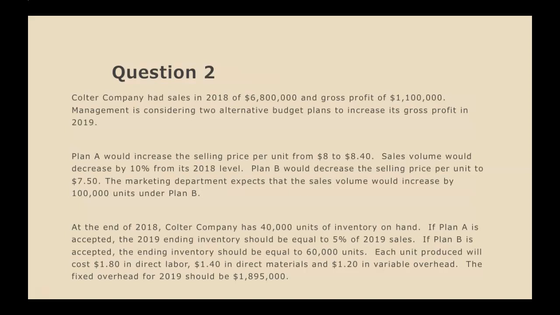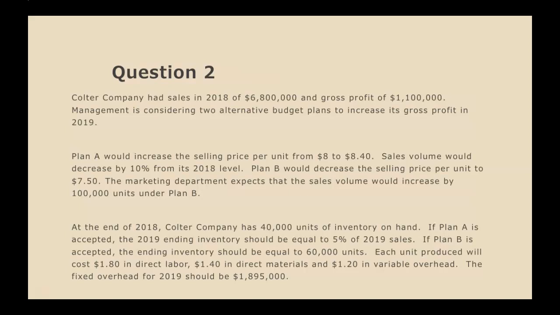So what are the 2 different plans that we could consider here, right? So plan A would increase the selling price per unit from $8 up to $8.40. And when doing so, that would decrease the sales volume, so the amount of units being sold, by 10% from its 2018 level.